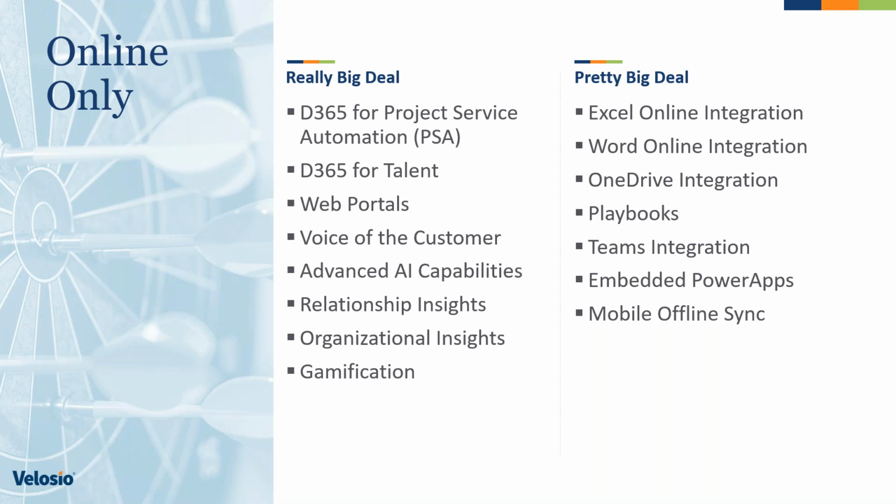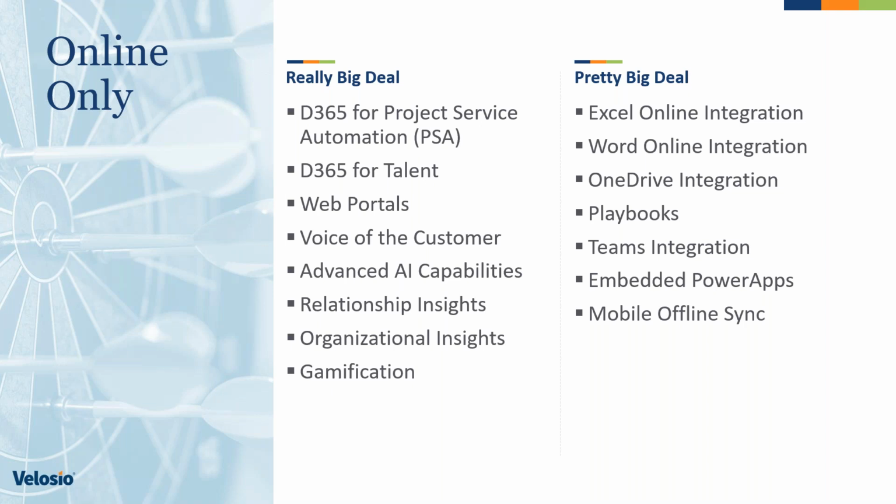I also want to point out, as I look at a couple of these features, that a lot of these features are Microsoft's latest and greatest. What we are seeing more and more is that when Microsoft is introducing a new feature, they are saying it's online only. PSA, Project Service Automation for D365, is a good example.